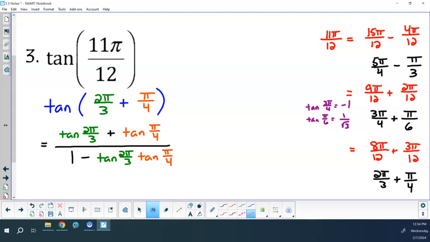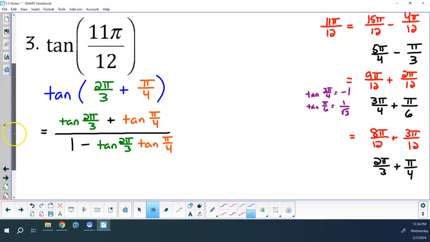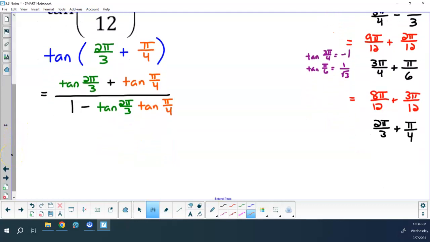What's the tangent at 2 pi over 3? Tangent at 2 pi over 3.